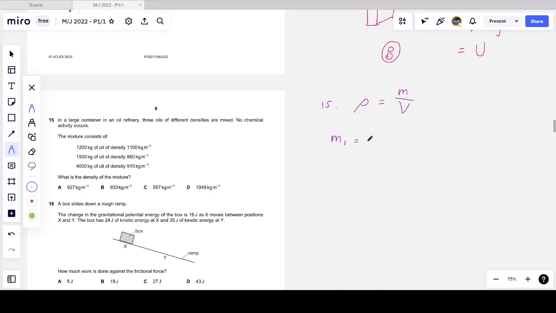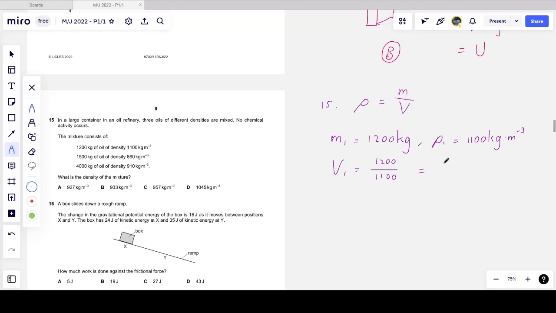The mass of the first type of oil is 1,200 kg, and its density, rho 1, is 1,100 kg per cubic meter. And so its volume, V1, is, so volume is mass over density, 1,200 divided by 1,100.